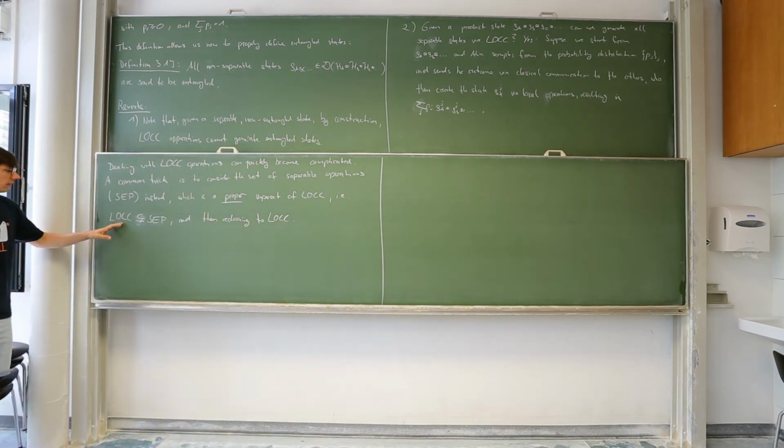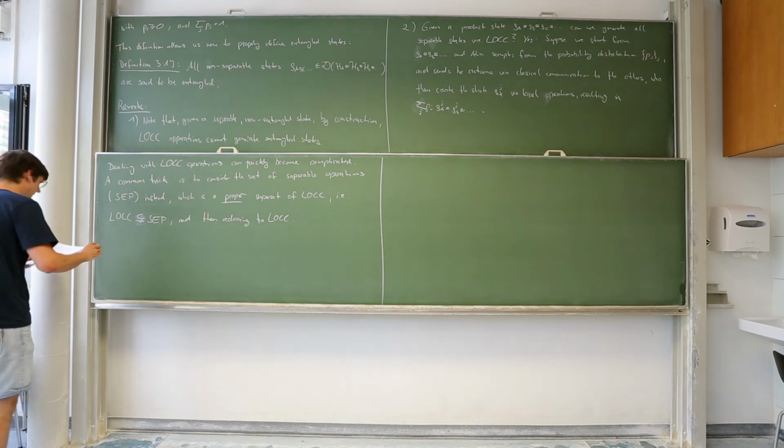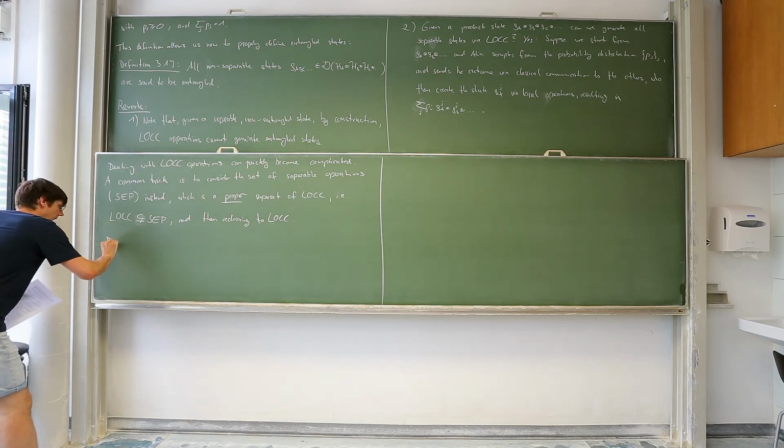So this means that all LOCC operations are contained in the set of separable operations, but the set of separable operations is larger than the set of LOCC operations, right? So there's no equality here. And the set of separable operations is defined as follows. So this definition is 3.20.